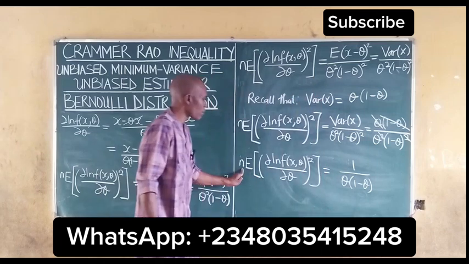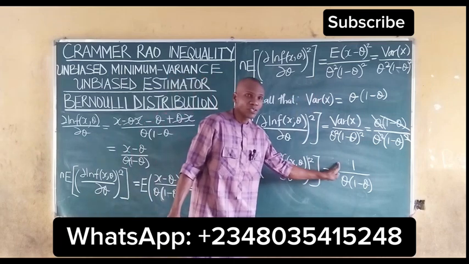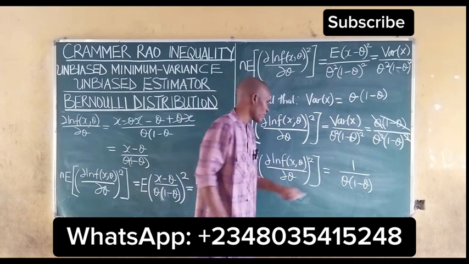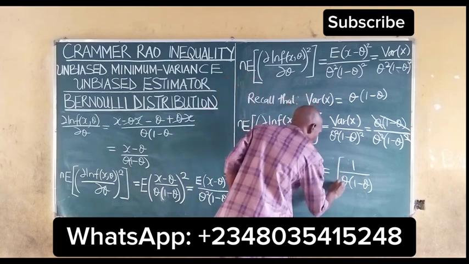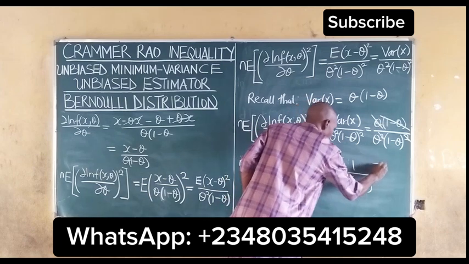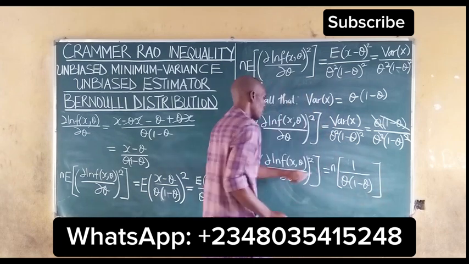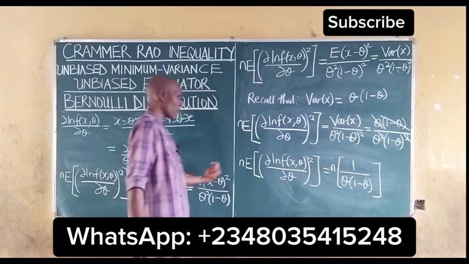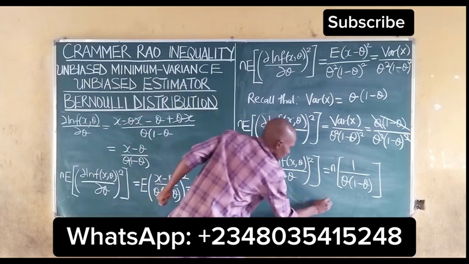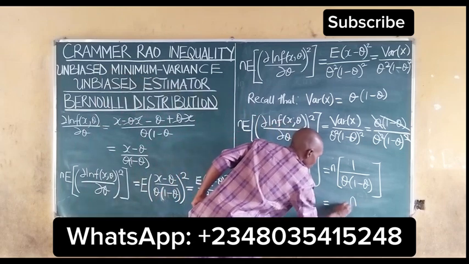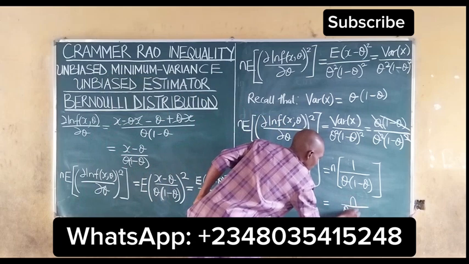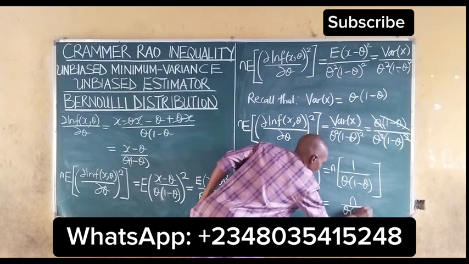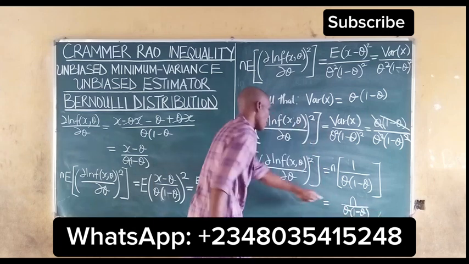Now, we are multiplying also with our n, so this n will now be n multiplied by this. This can give us n over theta into 1 minus theta. So this is what we get.